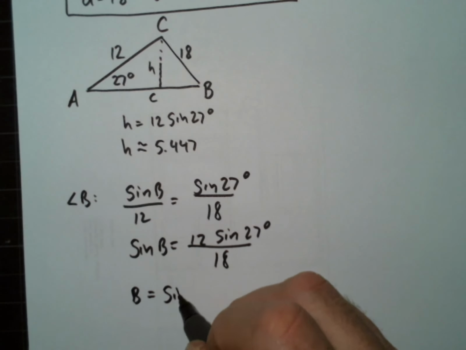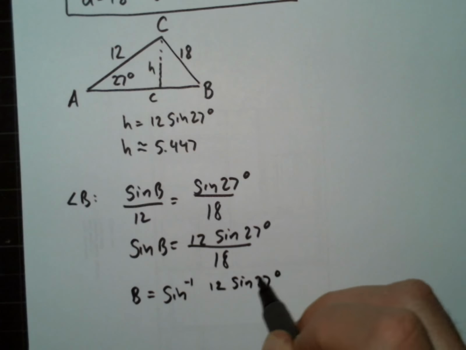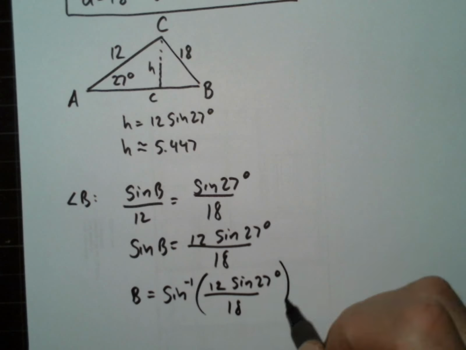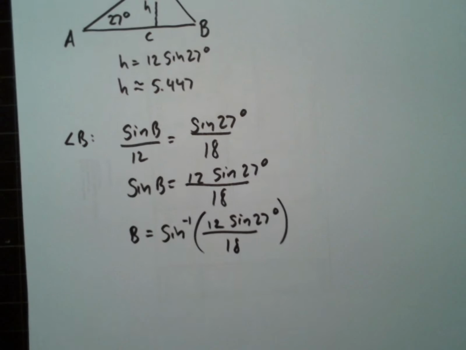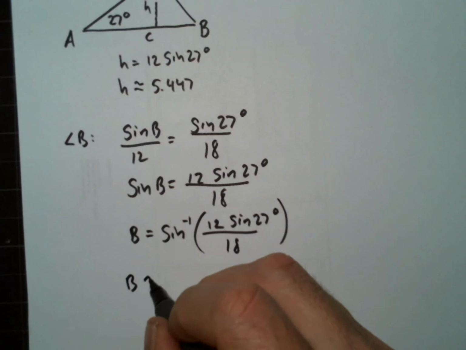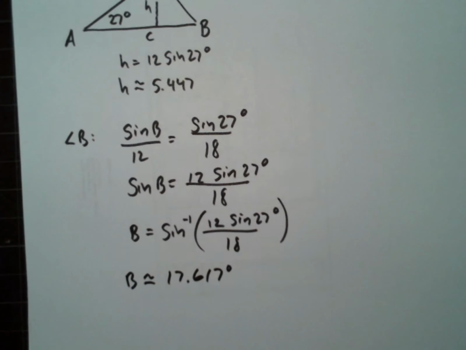Inverse sine of both sides, and B is approximately 17.617 degrees.